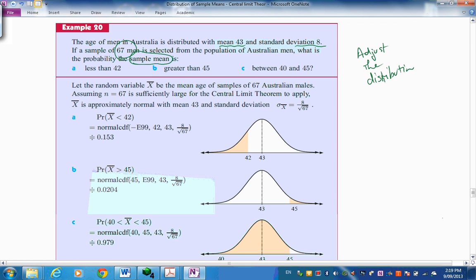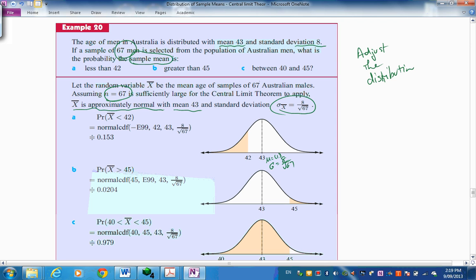So, what is the probability the sample mean is less than 42? Well, first of all, we would say n is probably sufficiently large. We're going to assume that. So therefore, we say the mean is approximately normally distributed with a mean of 43 and standard deviation of this. So there we are, mean of 43, sigma equals 8 over root 67.